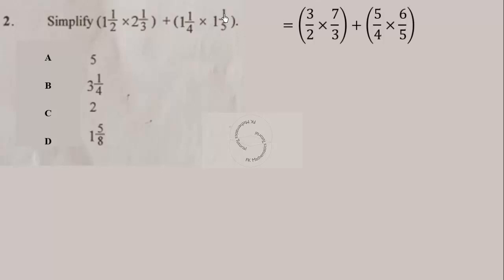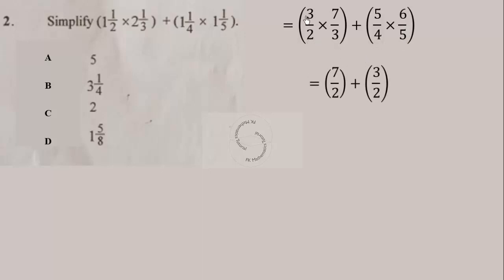Now we have to simplify 1 whole number 1 over 2 times 2 whole number 1 over 3 times 1 whole number 1 over 4 times 1 whole number 1 over 5. So we change all of them to improper fractions to get 3 over 2 times 7 over 3 and 5 over 4 times 6 over 5.